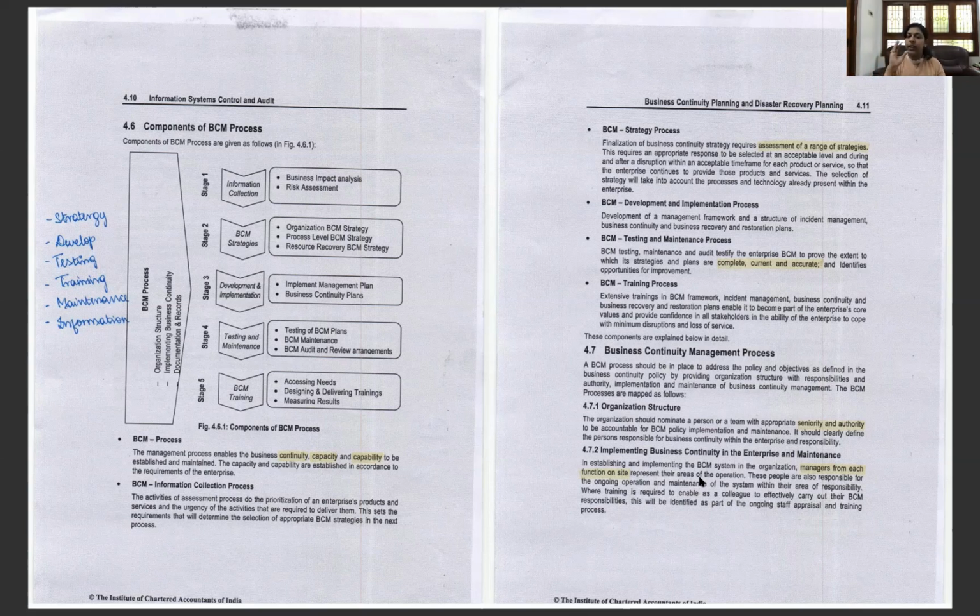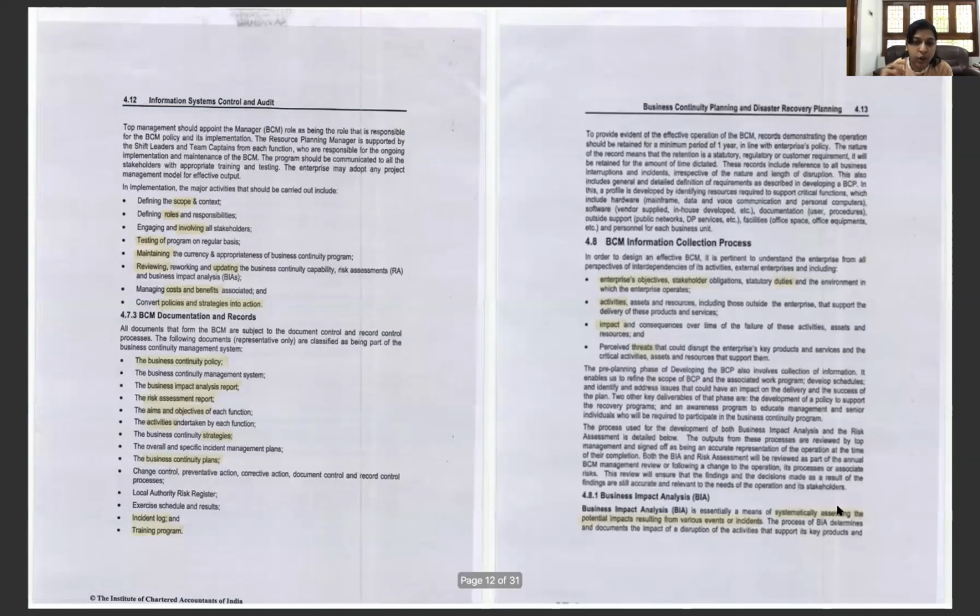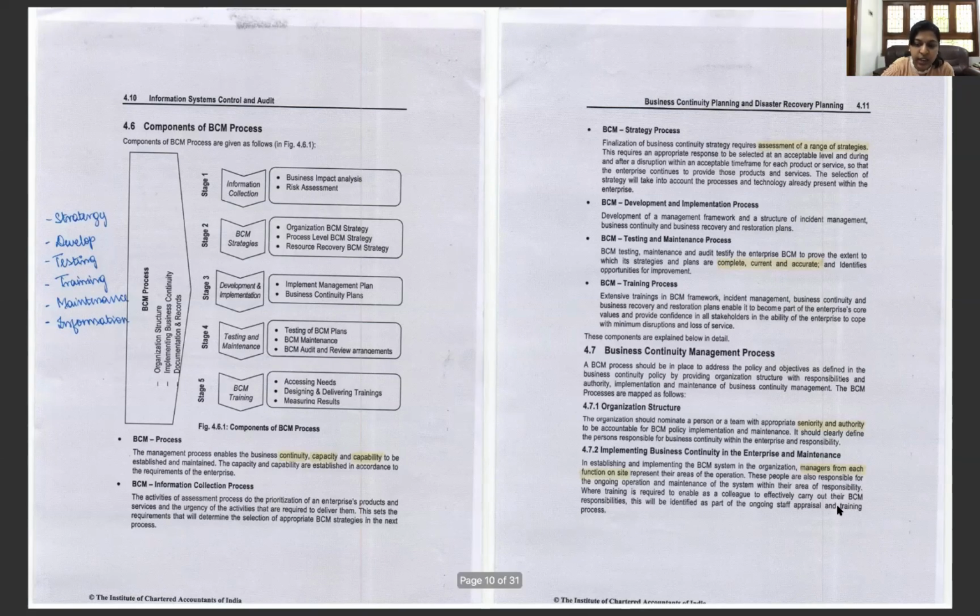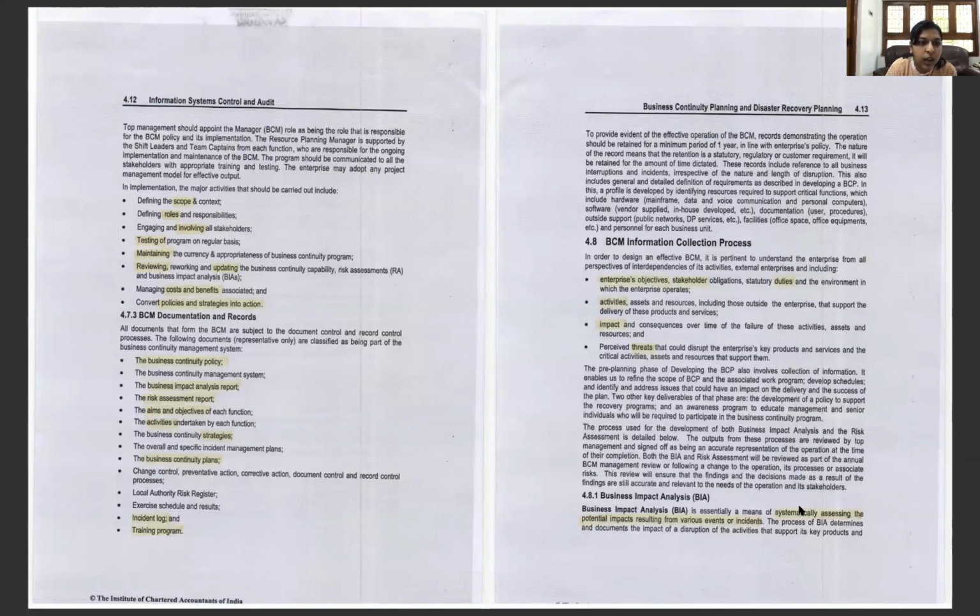Yes, we know each function manager is responsible for the ongoing functions and also their maintenance. And there should also be ongoing staff appraisal and training. Okay, very easy. Moving on to the next part, the implementation.